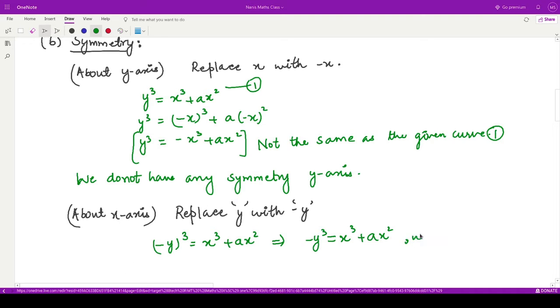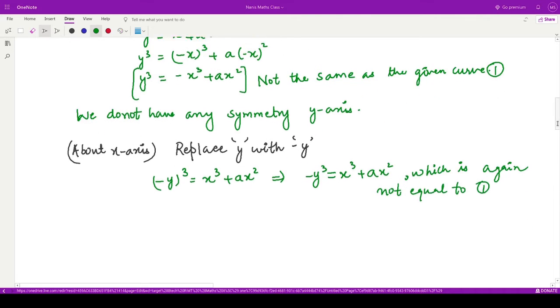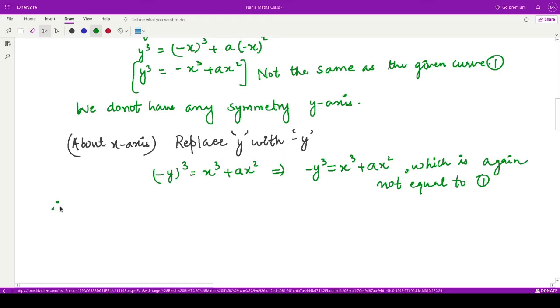So which is again not equal to 1. So therefore we do not have any symmetry about the x-axis as well.